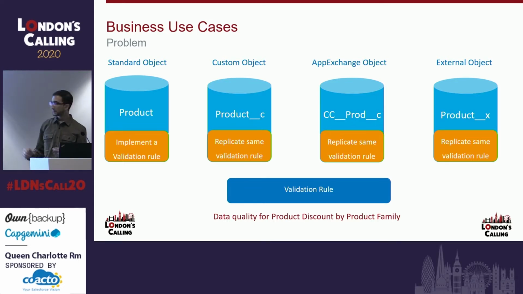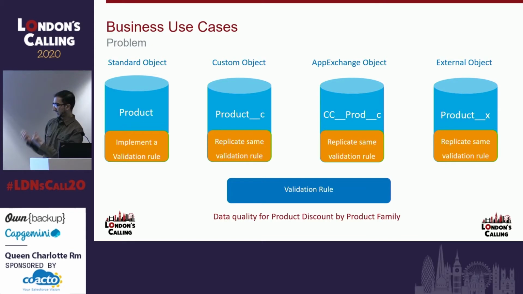That's good, but if somebody says we want to replicate the same validation rule on the custom object, as well as AppExchange and external objects, the problem is you have to create the same validation rule separately on each of these objects. You are not actually reusing the functionality, you are copying the same functionality.